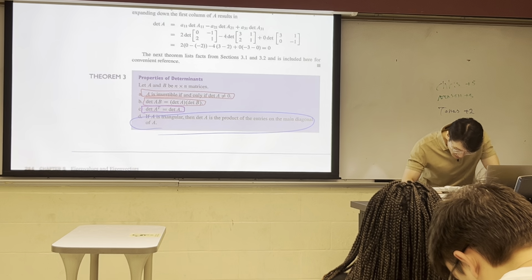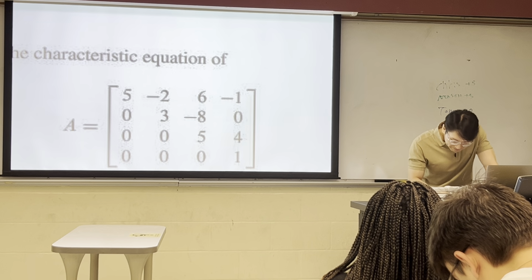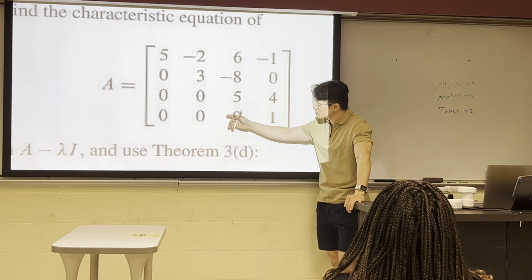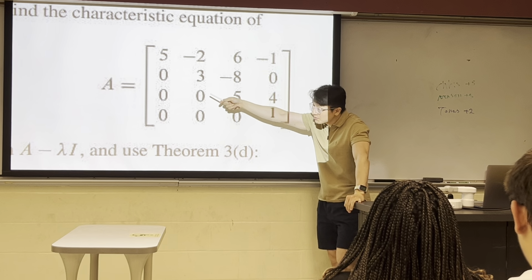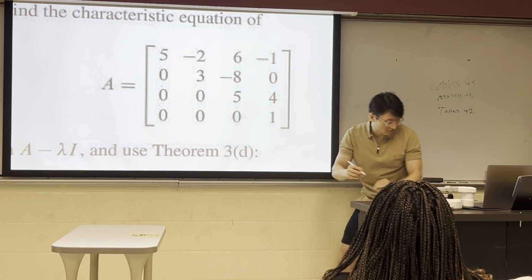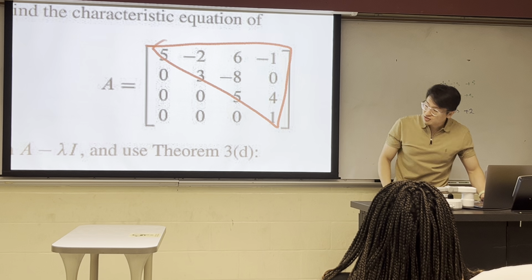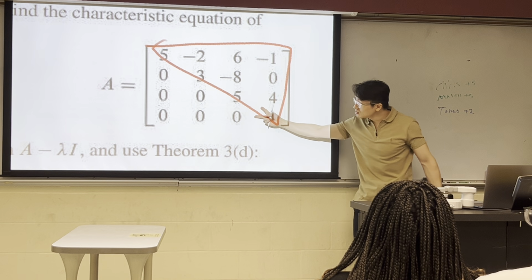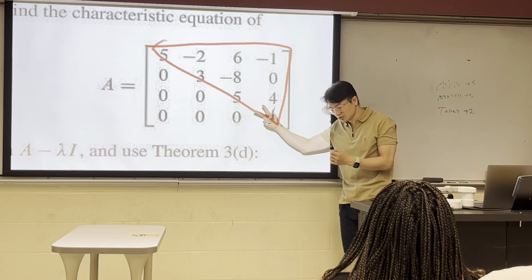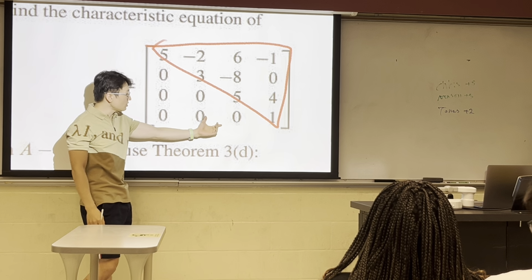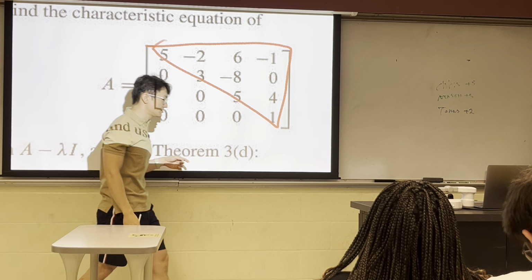For example, like this. Even before we do anything related to this matrix, the given matrix is triangular. You can separate this matrix into two different triangles. One, non-zero entries. The other one, all zero entries. So this is called triangular.